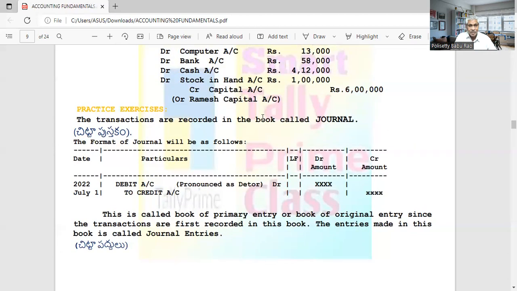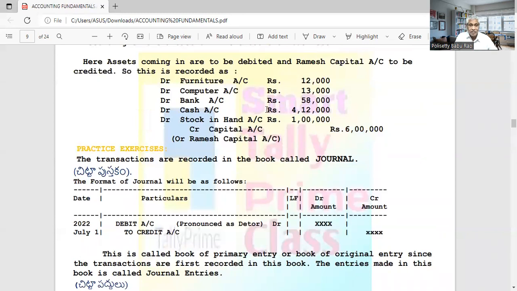You see here. When these transactions and entries are made in a book, that book is called the journal. For the first time, which account is to be debited and which account is to be credited is recorded in one book called journal. In Telugu it is called Chitta Pustakam, we don't need that; journal.